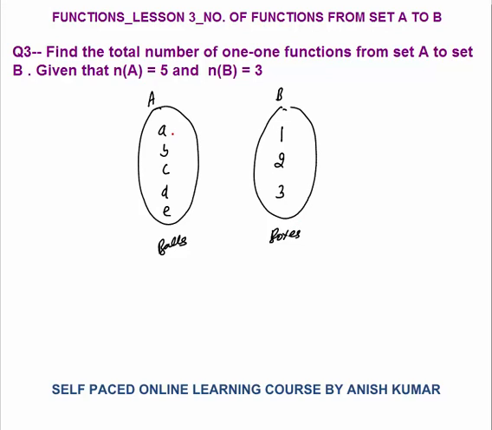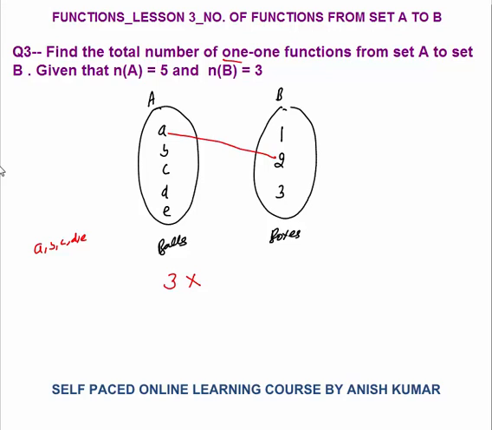Take ball number A: it has 3 choices, it can go to box 1, 2 or 3. Let's say ball A goes to 2. Now for ball number B, there are 2 choices, since we have to make a 1-1 function.